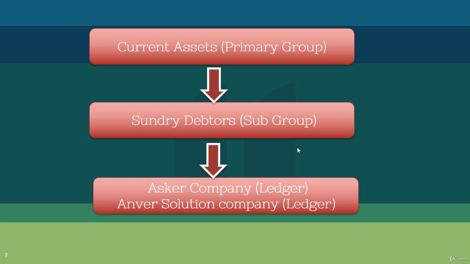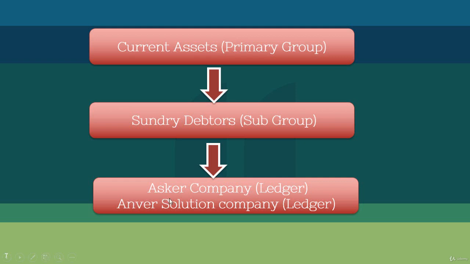Based on our debtors, we have to create the ledger. So that's called ledgers. Sundry debtors is one of the types in the Tally software. Then each company has a different name among these debtors.